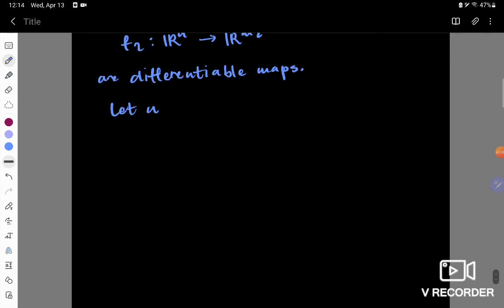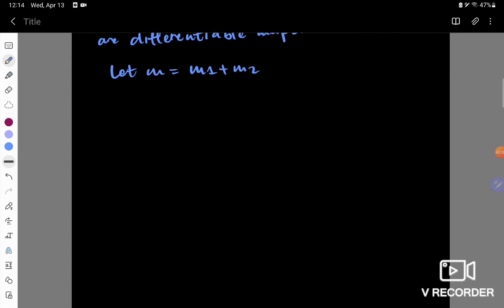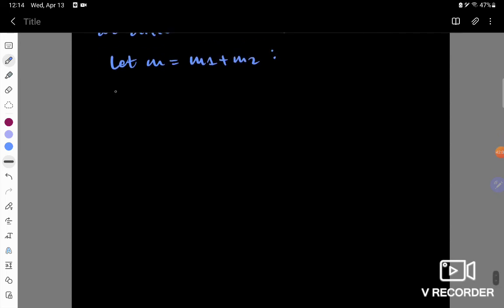We let m equal m1 plus m2. If R m sub 1 times R m sub 2, remember, now taking Cartesian products of these vector spaces, you just add their dimensions. We let this be Rm, or at least isomorphic to it, but that's a moot point anyway.